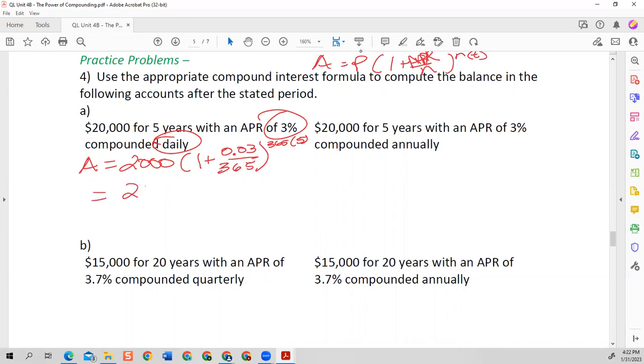So I'm going to clean up the parentheses first. All right, so I have 1 plus this fraction, 0.03 divided by 365, which is 1.000082192 raised to 1,825. All right, so let's just get our final answer.